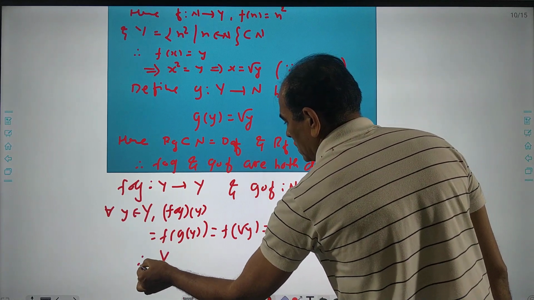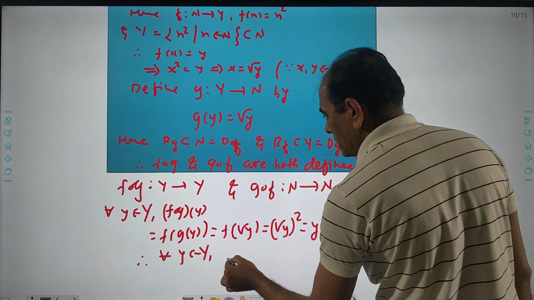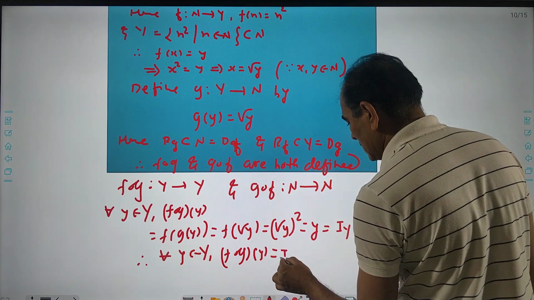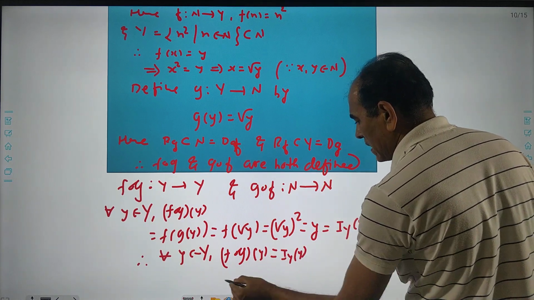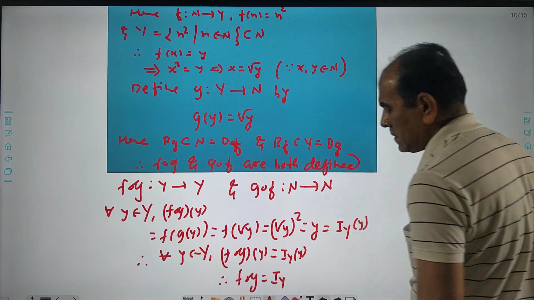Therefore for every y belongs to Y, (f∘g)(y) is equal to the identity function on Y, and therefore f∘g is equal to I_Y.